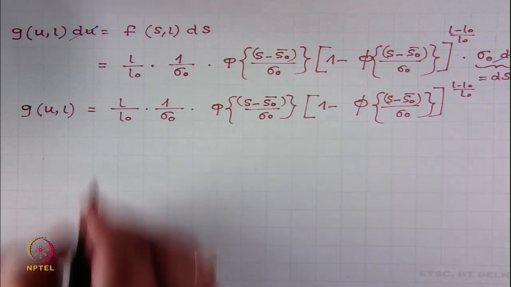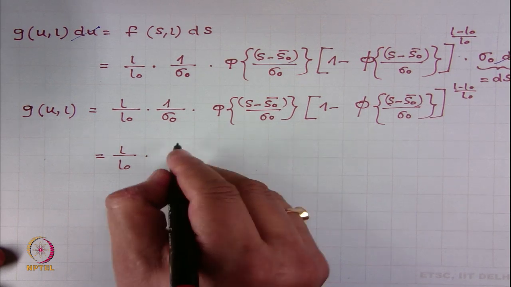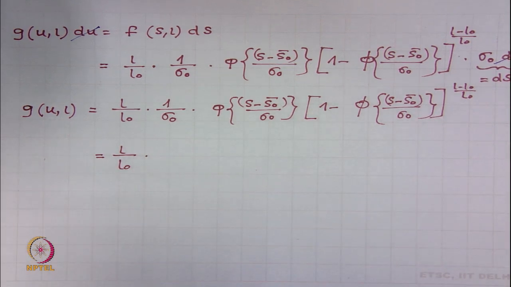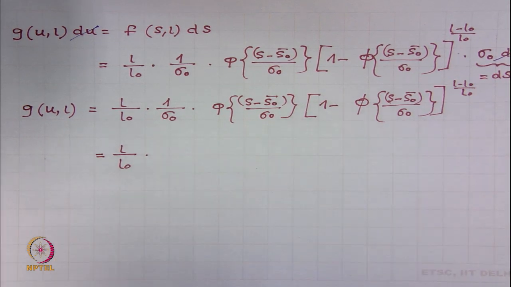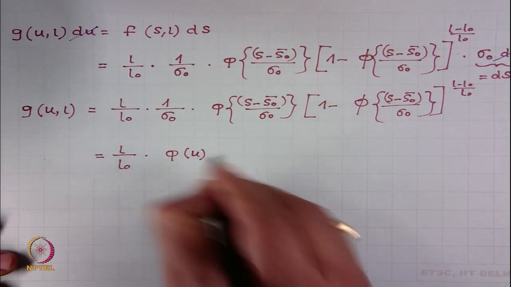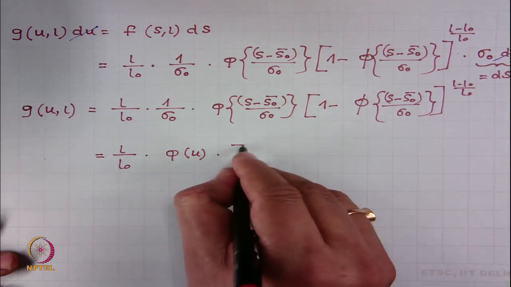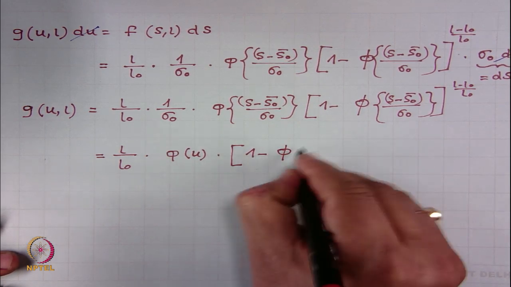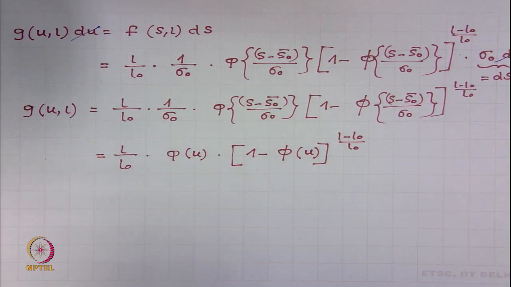We can further write it as L by L naught into this 1 by sigma naught into phi, which is related to the PDF of U. So, this is your phi of u, into 1 minus uppercase phi of u, to the power (L minus L naught) by L naught.